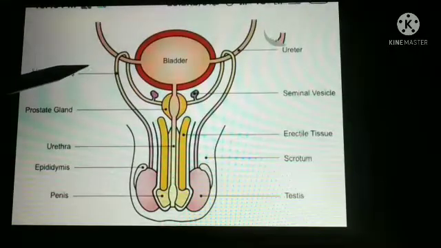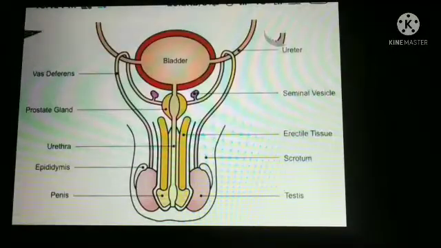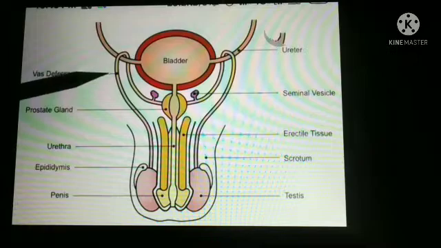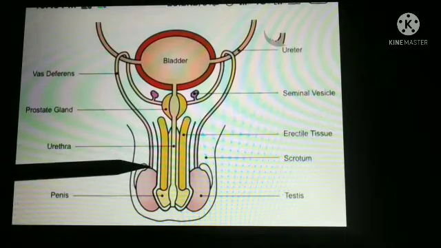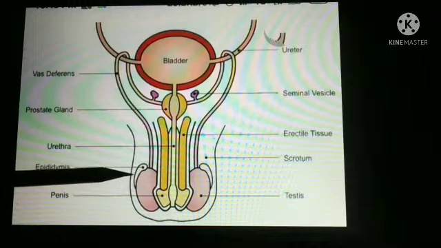The first part is the vas deferens. So what is the vas deferens? The vas deferens is a long muscular tube that travels from the epididymis. So this is the epididymis.